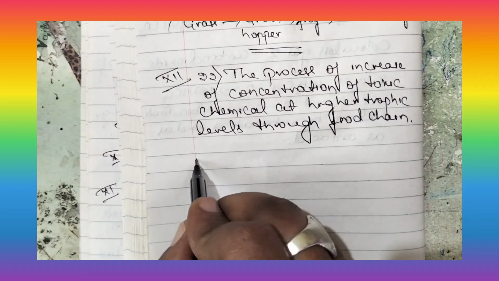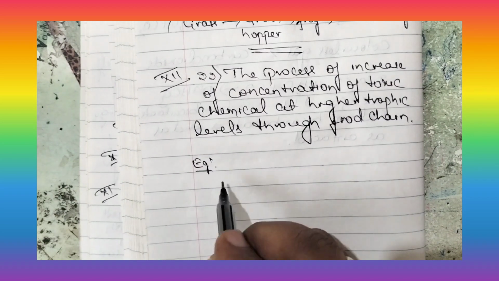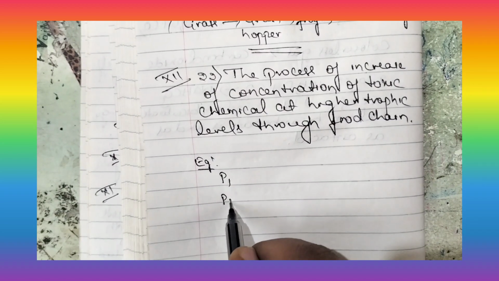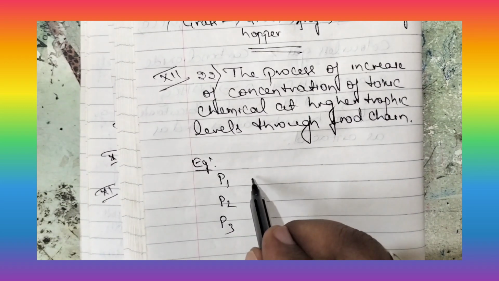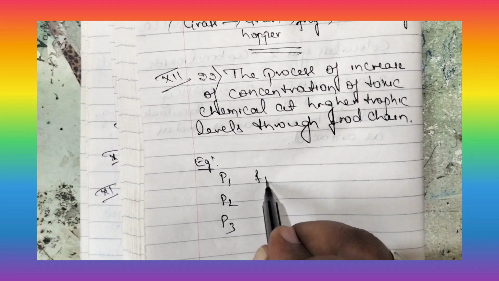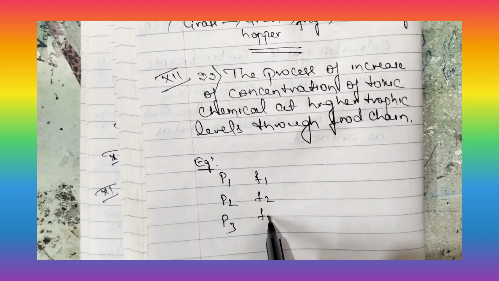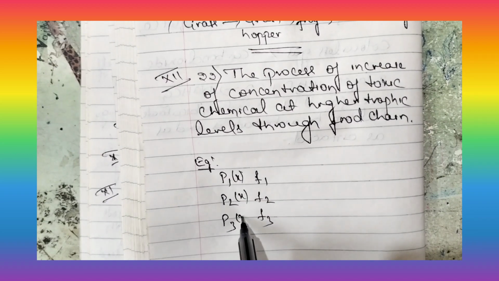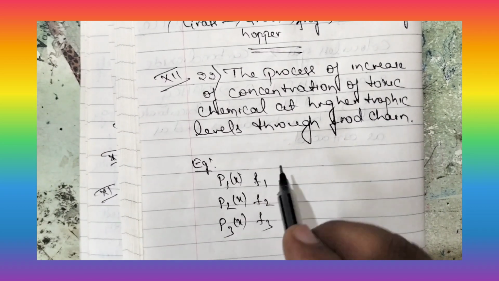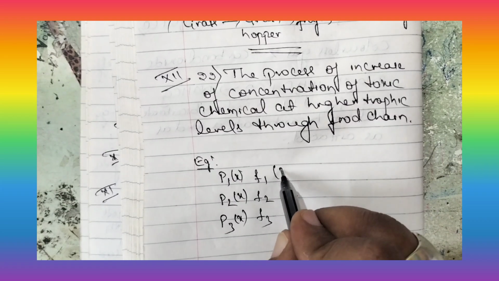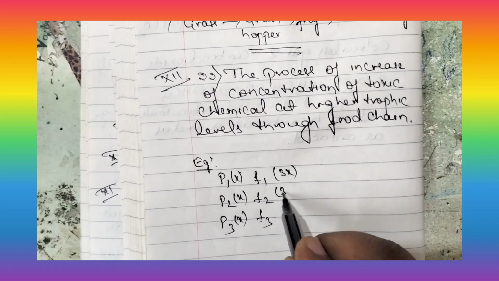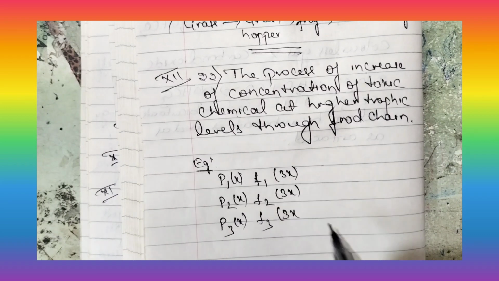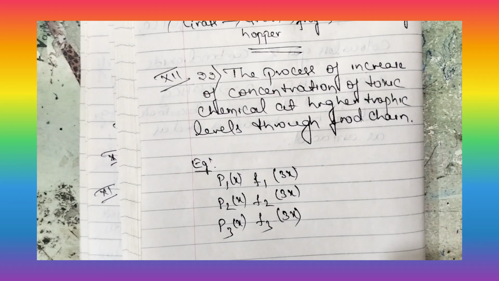Example for biological magnification. So three plants are there, P1, P2, P3, and these plants will be eaten by frogs F1, F2, F3. So in each plant x quantity of DDT will be there when we spray the DDT on the plants.